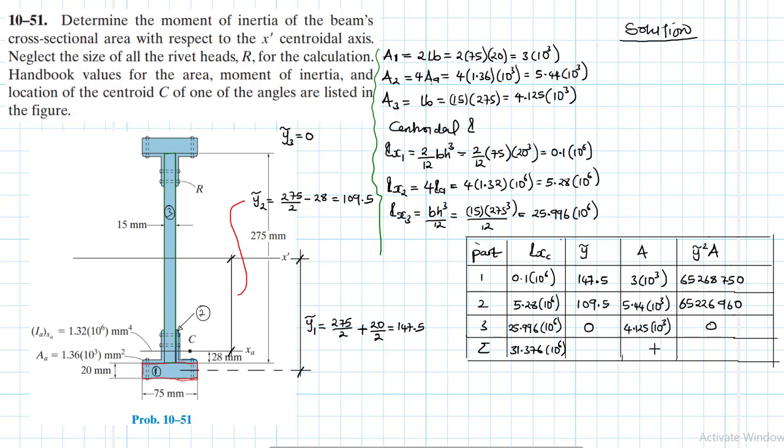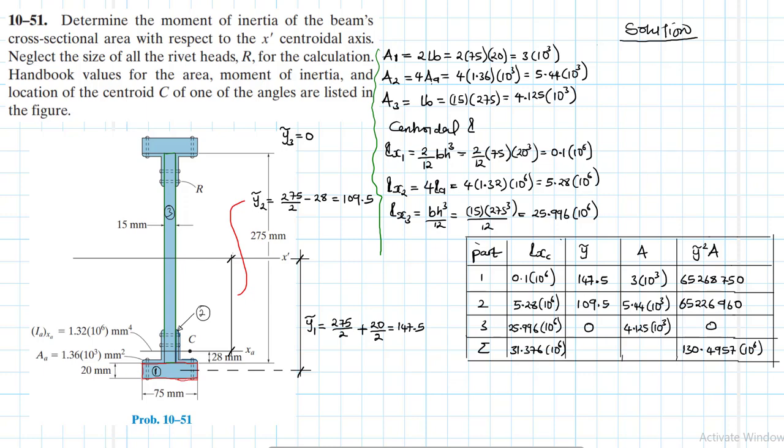And then on that side we have 65,268,750 plus 65,226,960. Okay, so we have 130.4957 times 10 to the power 6.